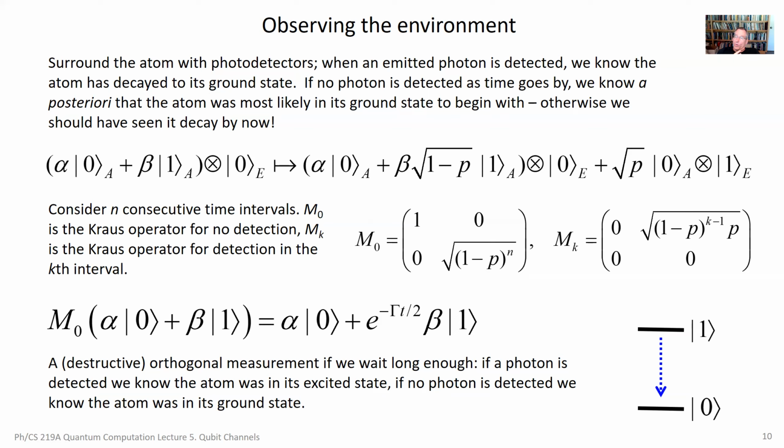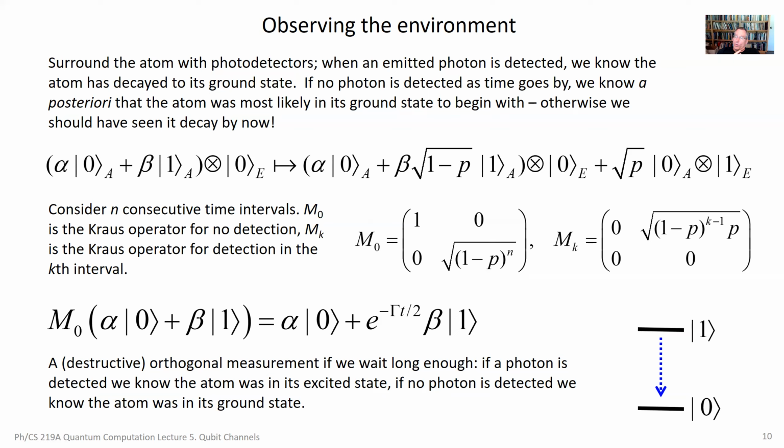It describes a transition of the atom from the state 1 to the state 0, but with this amplitude, a factor for not seeing the photon the first k minus 1 times, and a factor for finally seeing it at the kth time. And so again, if we consider the case of many consecutive time intervals, and we say there's some probability per unit time of spontaneous decay, then what happens in the no photon case, when that Kraus operator is applied to the initial state?